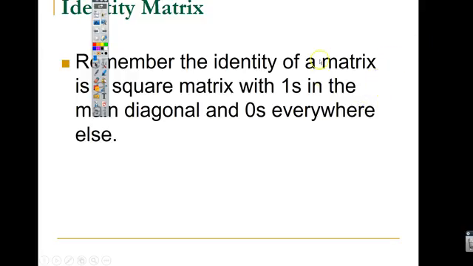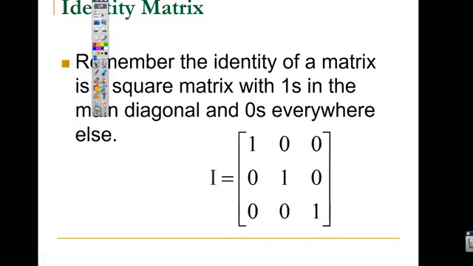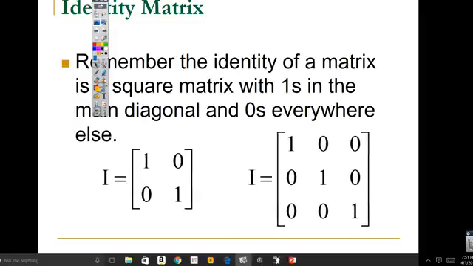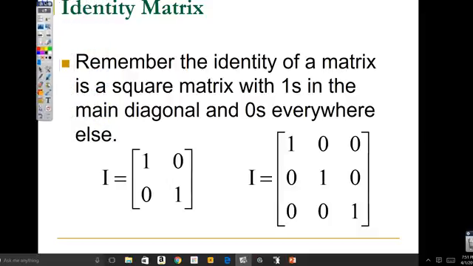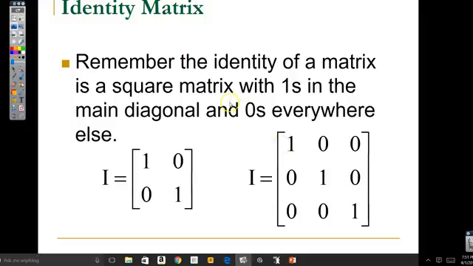Remember, the identity of a matrix is a square matrix with diagonals of 1s and 0s everywhere else.